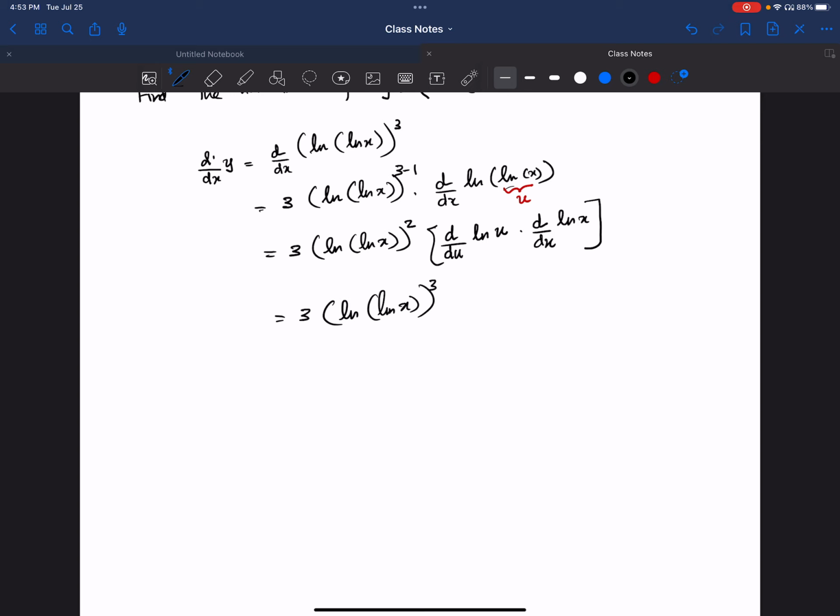This is 1 over u, that is 1 over natural log of x, times d over dx of natural log of x, which is 1 over x.